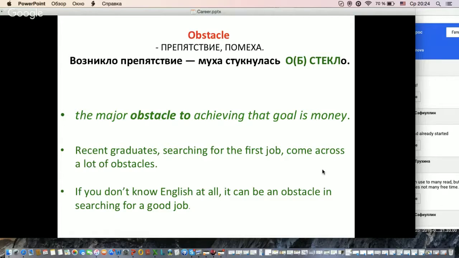Recent graduates searching for the first job come across a lot of obstacles. Люди, которые недавно закончили университет, находясь в поисках первой работы, встречают довольно много препятствий на своем пути. If you don't know English at all, it can be an obstacle in searching for a job. Если ты совсем не знаешь английского, то это может стать помехой в получении работы.